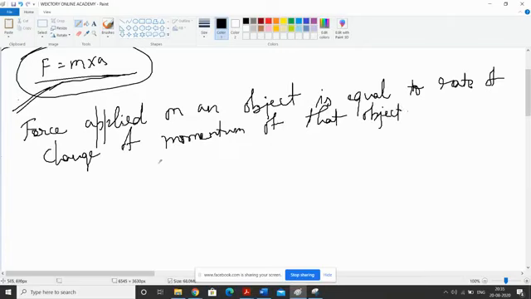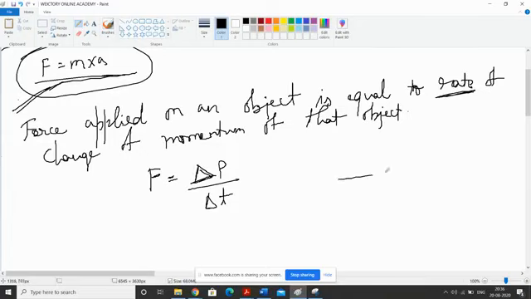So it means the resultant force is equal to the rate, meaning with respect to time. So force is the change in momentum, that is delta p, over change in time. That's what Newton's second law of motion is.